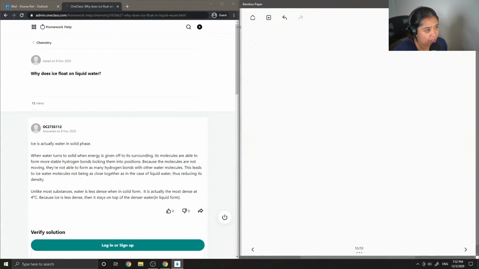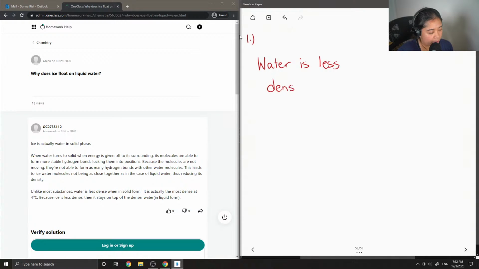Okay, so question 1 asks, why does ice float on liquid water? An easy way to explain this is that water is less dense when it's in its solid form.